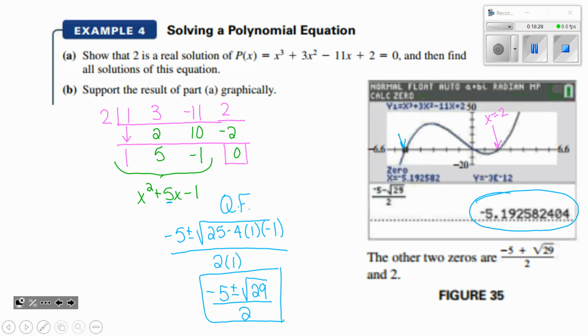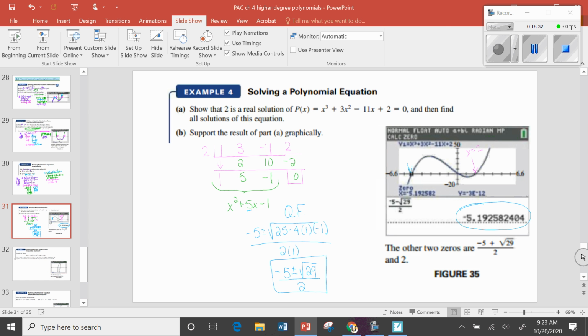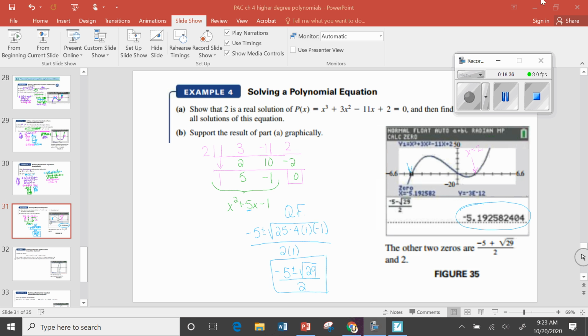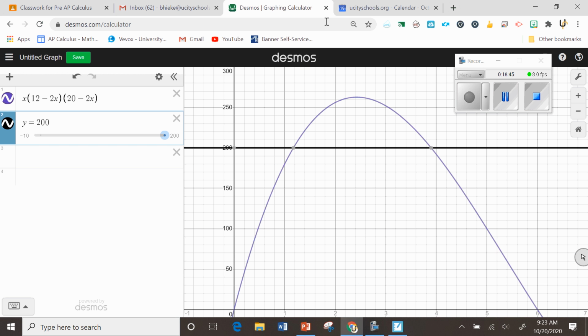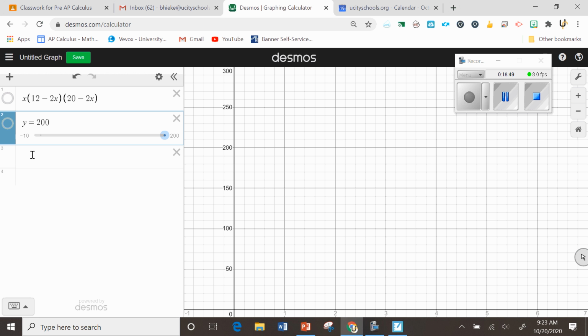I'm going to pull up a Desmos graph, because I believe, just by inspection, it should be pretty close to 0, because the square root of 25 is 5. So it should be pretty close to 0. Let's turn this off for just a minute.